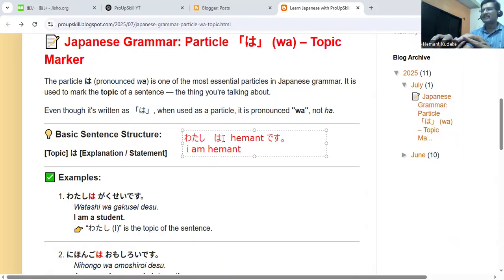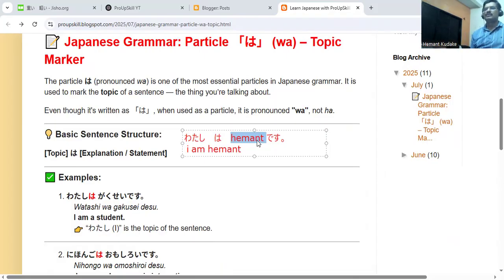So after watashi, I put the particle wa. What is understood in this sentence? Wa shows that the topic of the sentence is watashi. I am talking about myself, so I am the topic. So, watashi wa Hemant desu. This is a basic pattern.